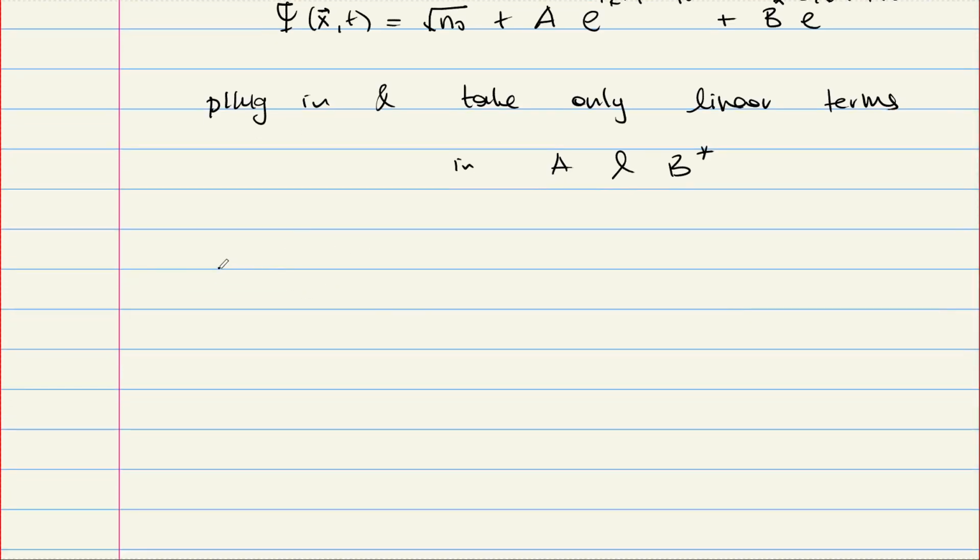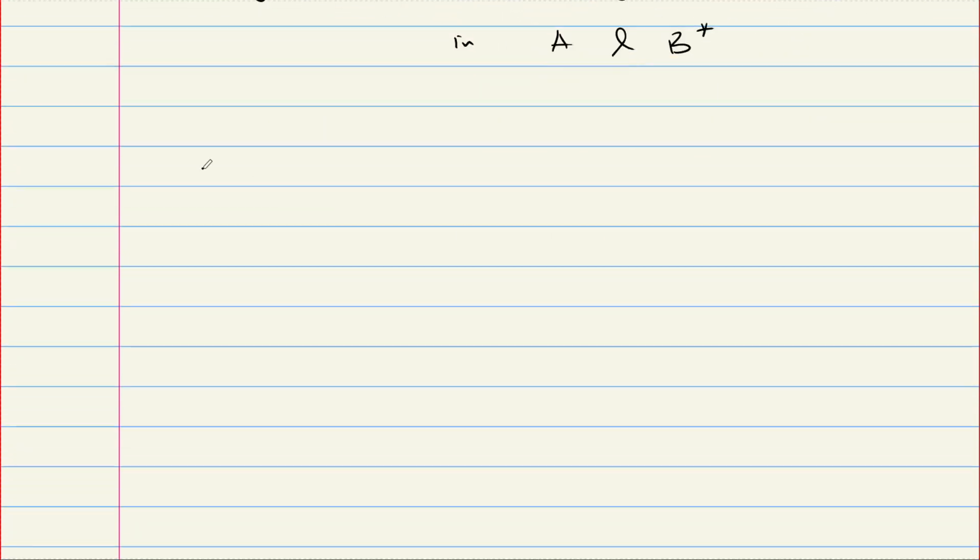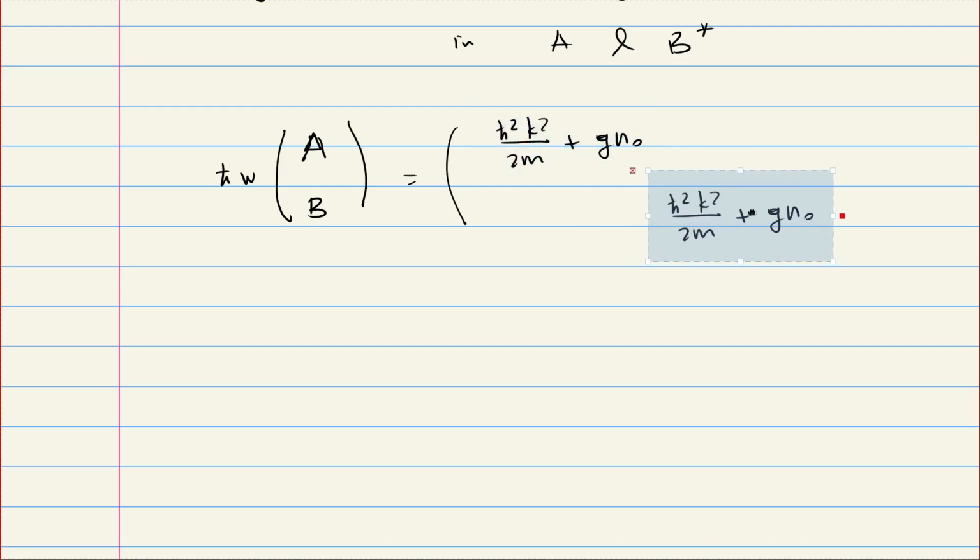On the left hand side you have the derivative of psi, and it's going to come with this time dependence. It's going to be something like h bar omega times A, B, and on the right hand side you have this matrix which is going to be h bar squared k squared over 2m plus g n0, and the same thing on the other diagonal.